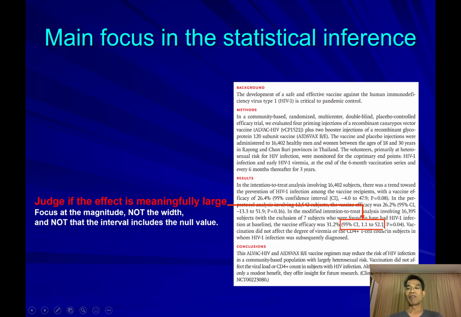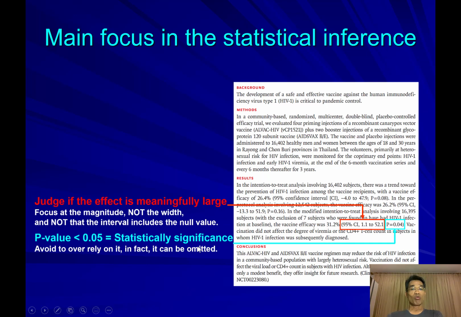For example here, is 1% beneficial to receive the vaccine? Many people will say no. That means we look at how large the effect is. How about the upper limit? Will you be happy to receive a vaccine that can prevent the disease by about 52%?